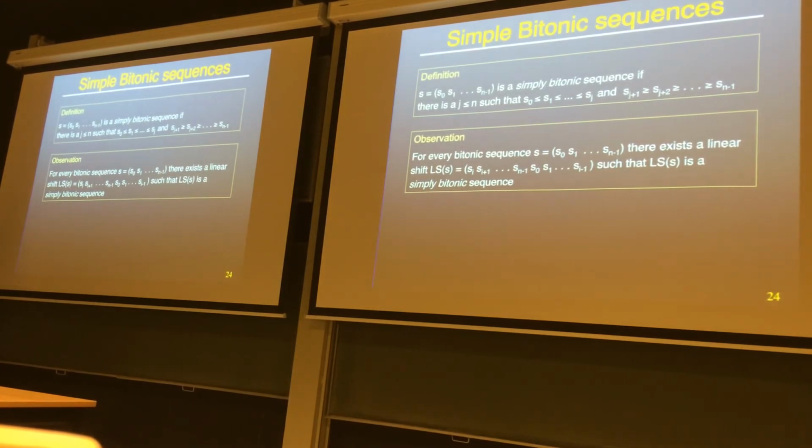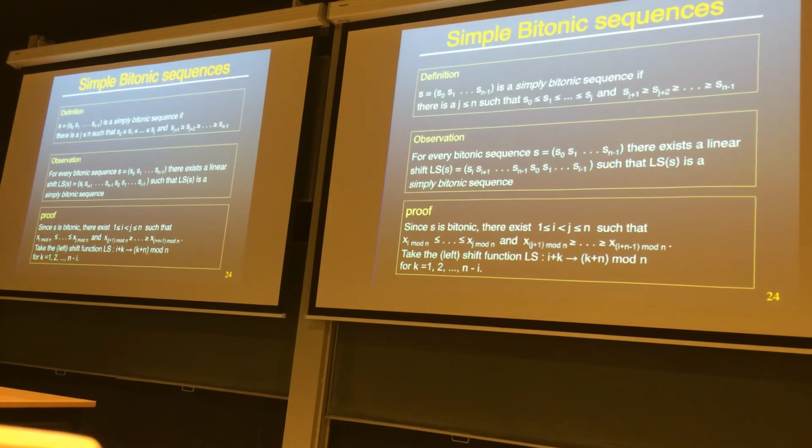Then a very simple observation. For every original bitonic sequence, where we could start in the middle, starting with this increasing part, there always exists a linear shift such that the result of the shift is a simply bitonic sequence. That's very simple, and here is the formal definition.